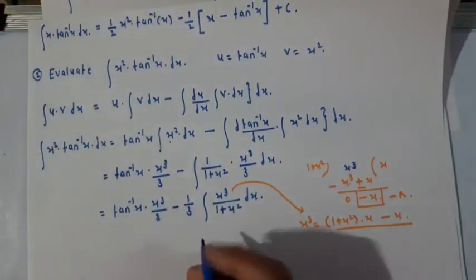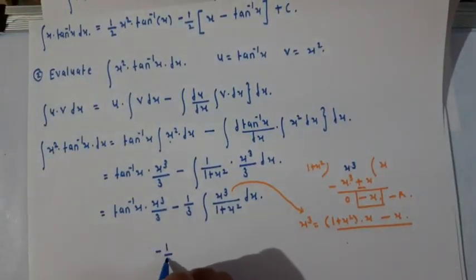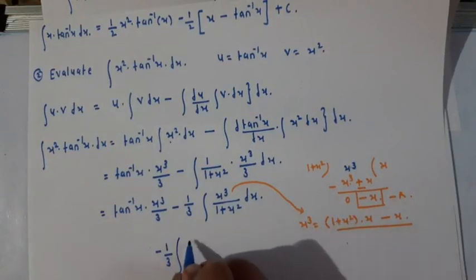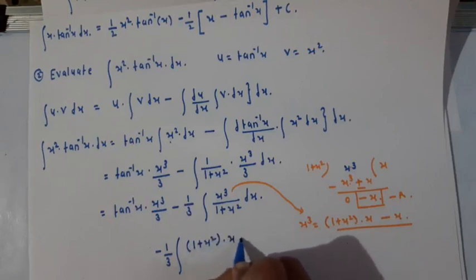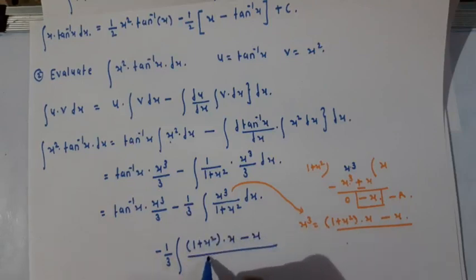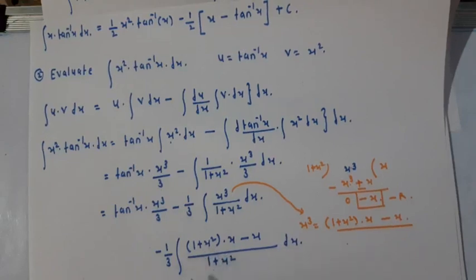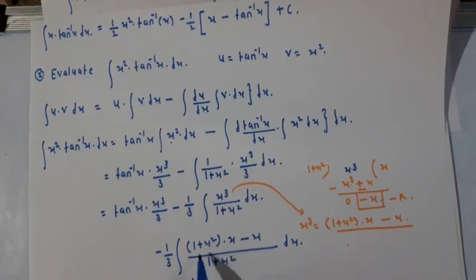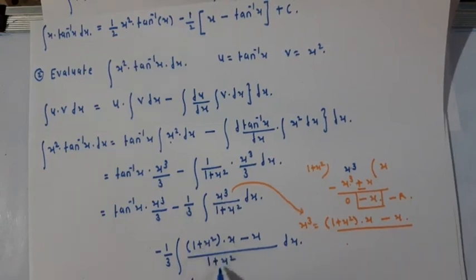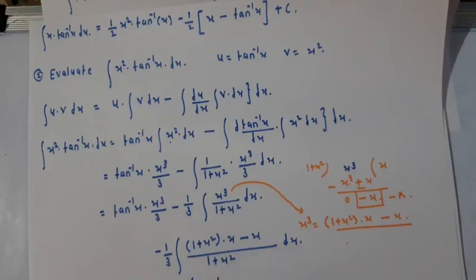Okay, and that's why this is minus 1 by 3 integration of 1 plus x square into x minus x upon 1 plus x square with respect to x. Now separate the terms: integration of 1 plus x square into x upon 1 plus x square gets cancelled, and here x with respect to x.